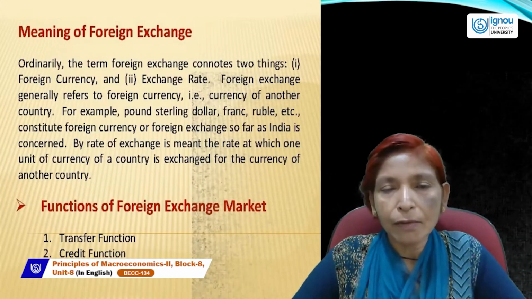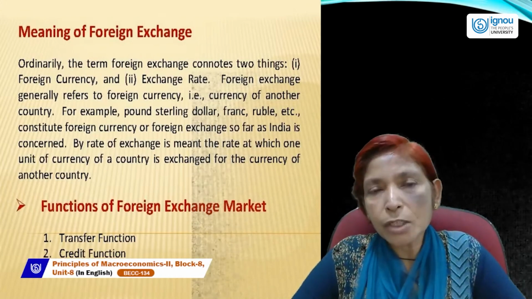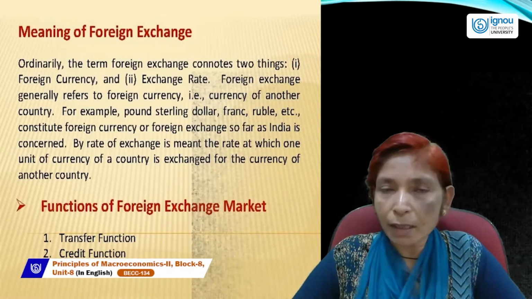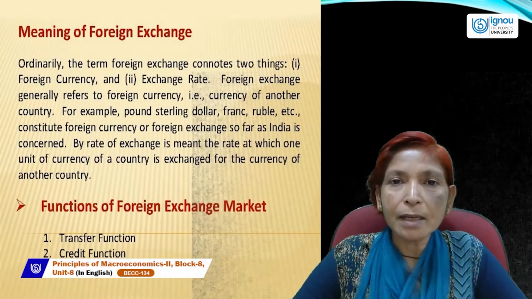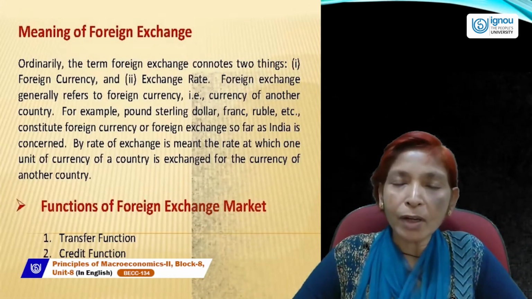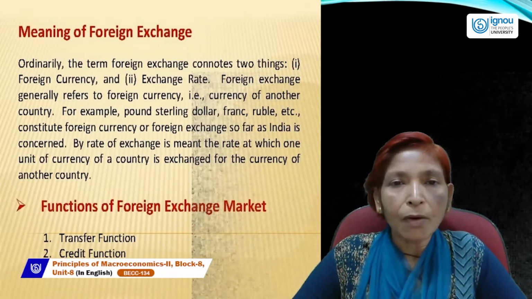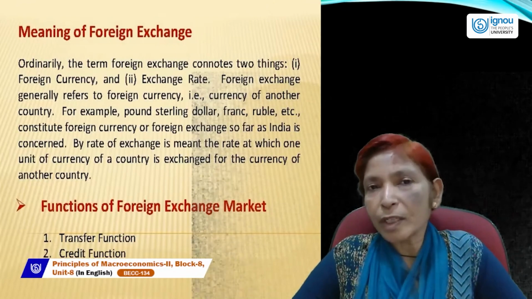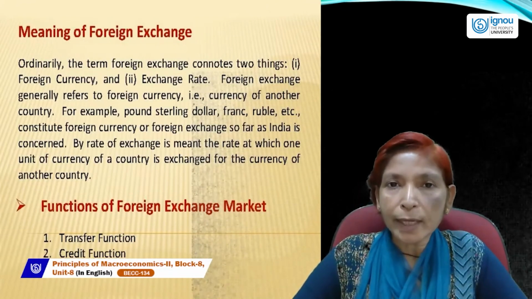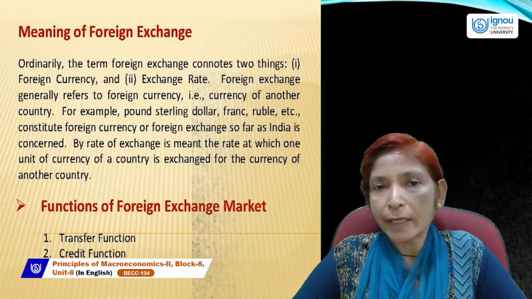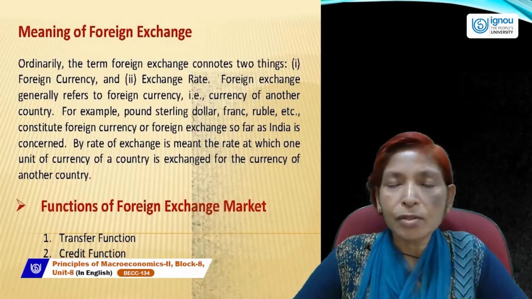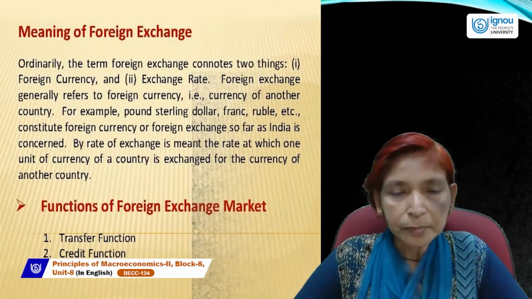It's a place where buyers and sellers meet together. But here the buyers and sellers deal not in goods and services, but in foreign currency. So where foreign currencies are traded, or foreign currencies are sold or purchased by consumers and producers who meet together and do this trade, that type of market is called foreign exchange market.